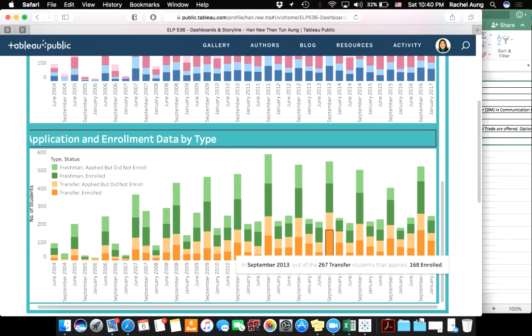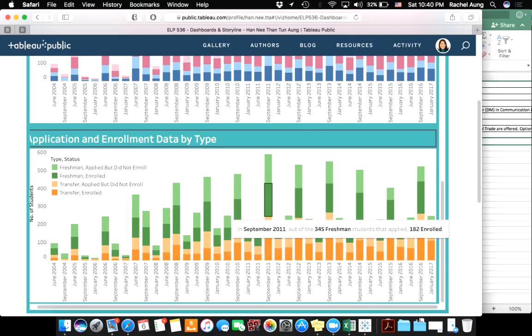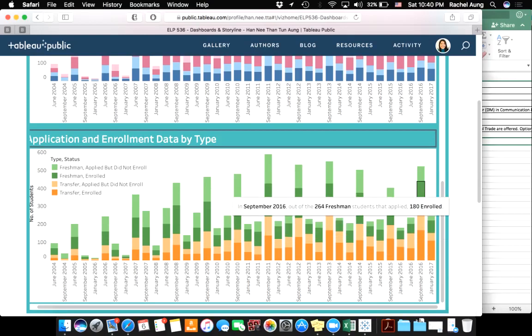Which I guess I was right, because right here you can see that 138 transfers enrolled, but then 182 freshmen enrolled. And after the Ministry of Education in Singapore made that announcement, the numbers of freshmen and transfer got much closer.